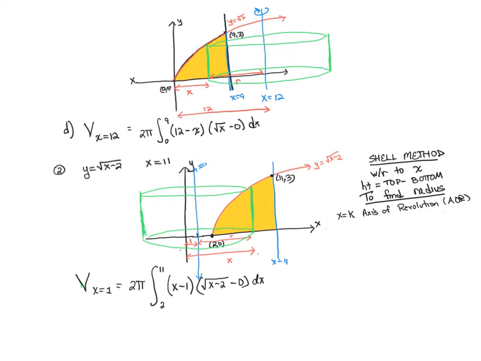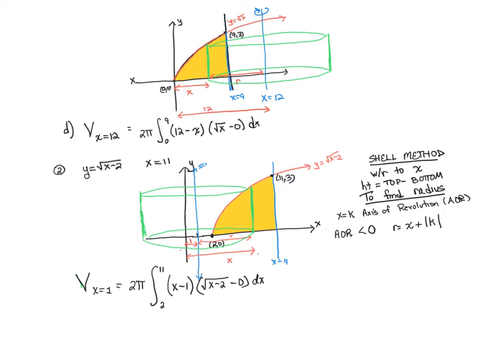Let x equal k be the axis of revolution. All right, so we've got 3 scenarios, and I'll abbreviate axis of revolution as AOR. So if the axis of revolution is negative, that is to say, it's on the left side of the region, on the negative side, then we could say that the radius is x plus the absolute value of k.